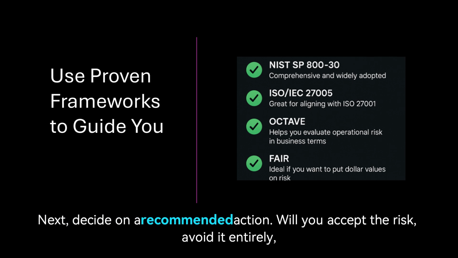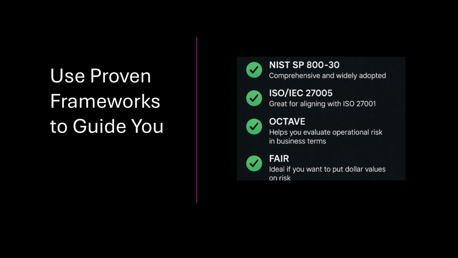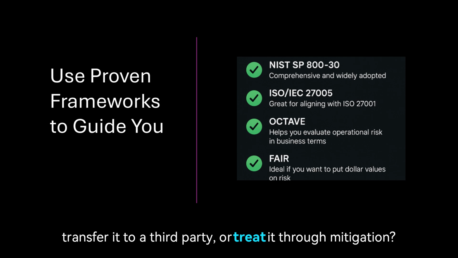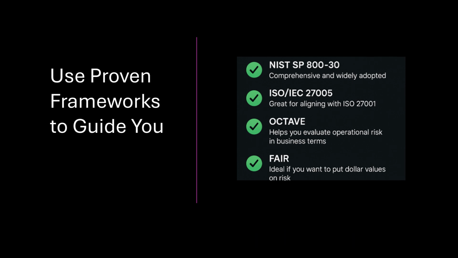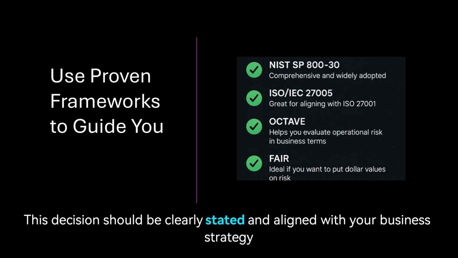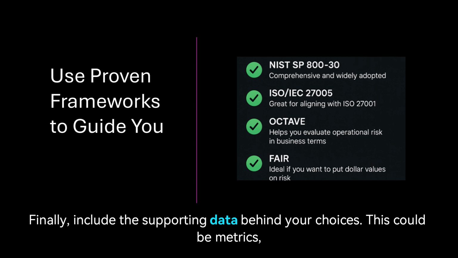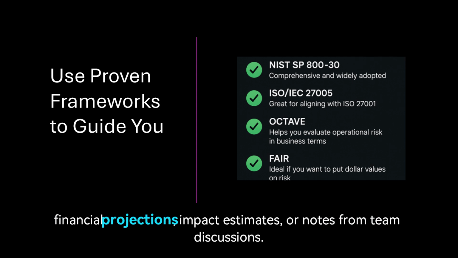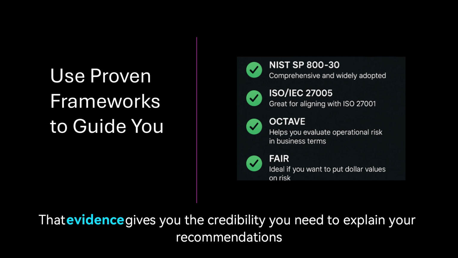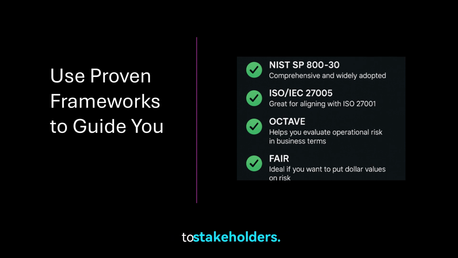Next, decide on a recommended action. Will you accept the risk, avoid it entirely, transfer it to a third party, or treat it through mitigation? This decision should be clearly stated and aligned with your business strategy and risk tolerance. Finally, include the supporting data behind your choices. This could be metrics, financial projections, impact estimates, or notes from team discussions. That evidence gives you the credibility you need to explain your recommendations to stakeholders.